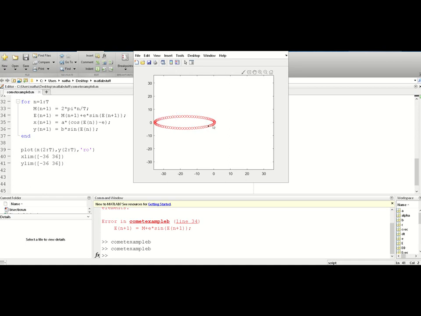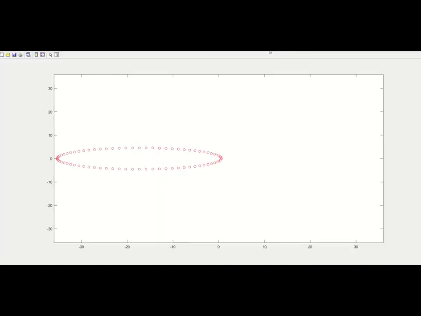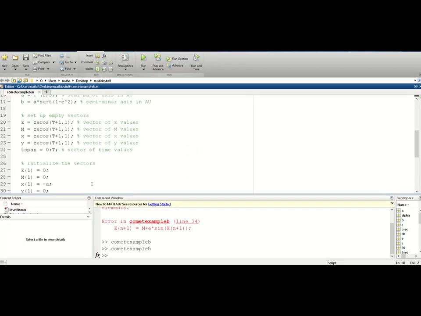So as we come by, we're slinging around here, and that's what our orbit's going to look like over time. As we get closer to the sun, we should go a little bit faster, and we don't have all of that modeled yet.